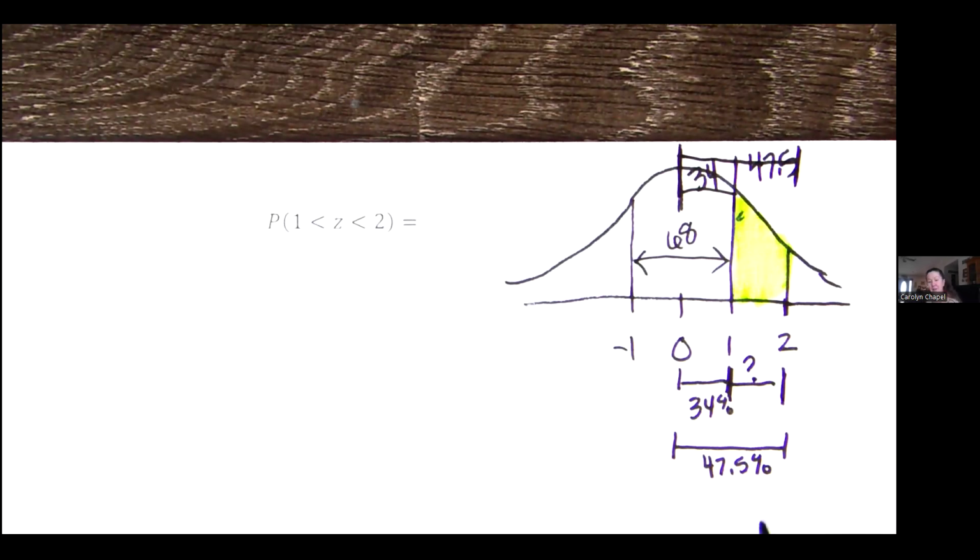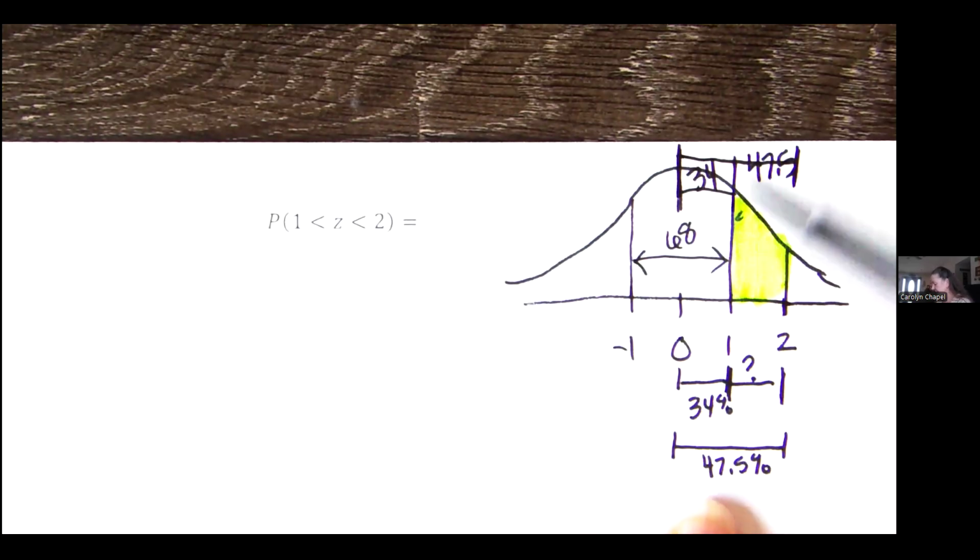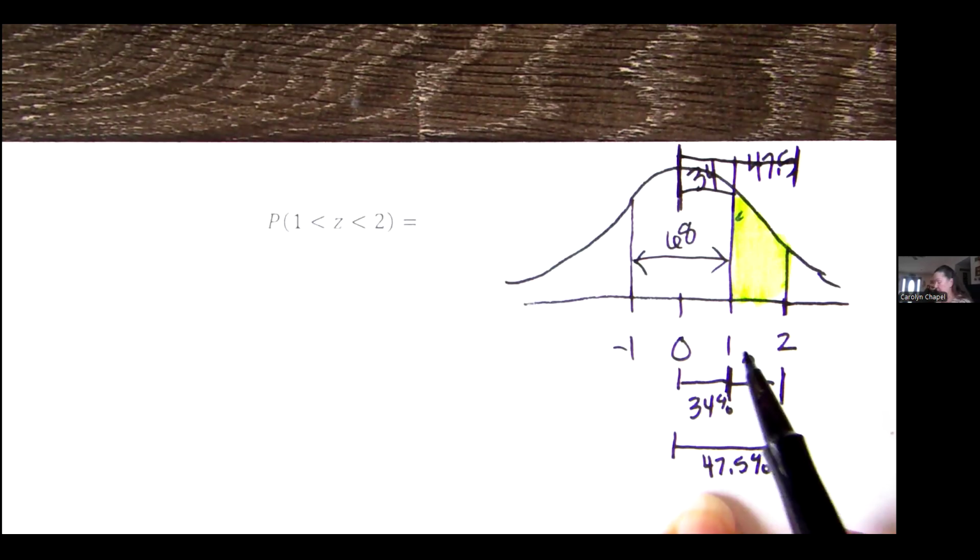The way I can do that is we can subtract. We can't take this and divide it in half, because even though the base is the same, this is taller. So we'd actually have more area in that 0 to 1 than we do from 1 to 2. So we can't just take this 47.5 and divide it in 2.